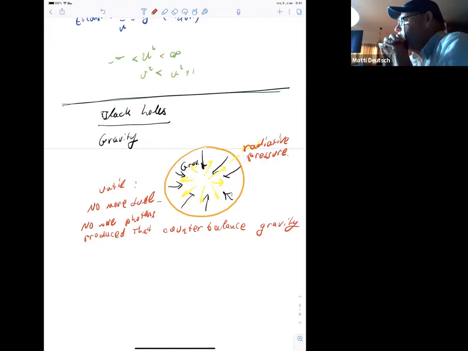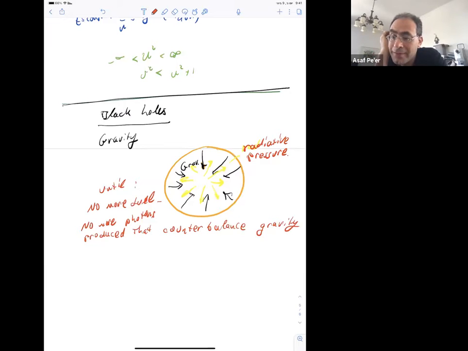Pauli restrictions. Sorry? Pauli restrictions. Pauli, right. You all heard of the Pauli exclusion principle, right? What will happen is that it will shrink, the electrons will get closer and closer together, right? But there is the Pauli exclusion principle.